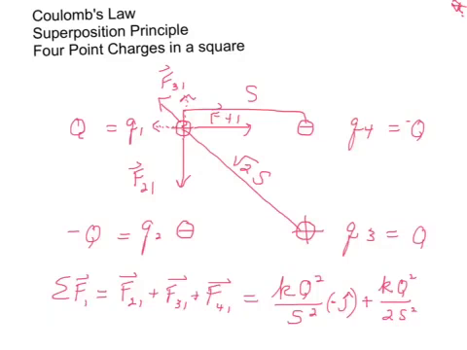We have to multiply that by the cosine or sine of 45 degrees. That's the square root of 2 over 2. And then for the x component of that, it's going to be negative i hat.